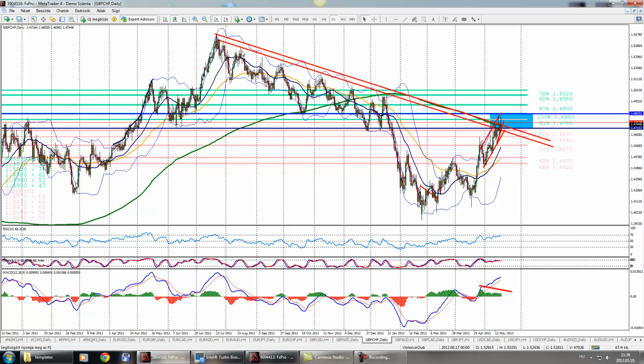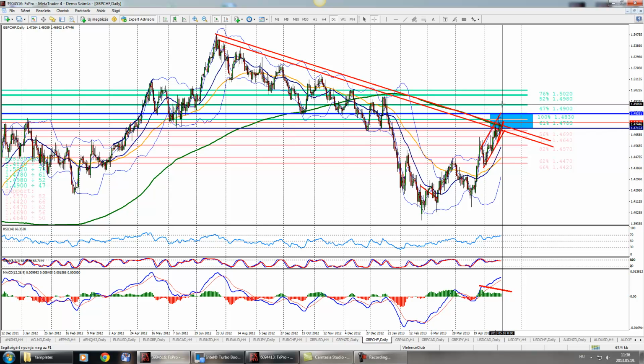Again, it could be a great opportunity, but friends, if the pair is moving up and closing above 148.30, it's a warning sign.